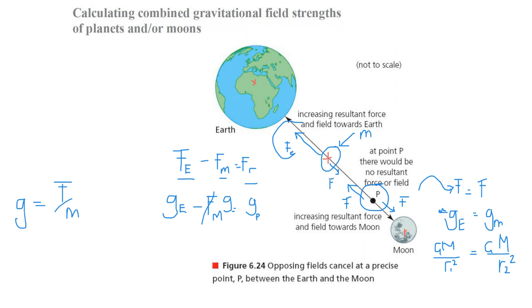Okay, that would be mass of the Earth for the first one, and R1 would be this distance, right? And then you would have mass of the Moon, which relates to R2, which would be this distance, the distance from the Moon to the object. Okay, so this enables you to do some really simple calculations.